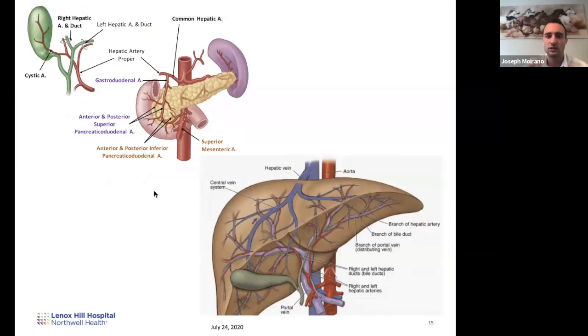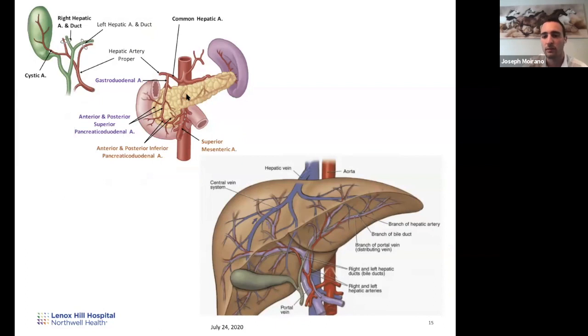Okay, so to continue, we're going to be looking at a couple of different organs of the foregut here. Over here, we're going to be looking at the pancreas and then our proximal duodenum, because those are still parts of the foregut. And the pancreas is going to be receiving most of its blood supply from the pancreatico-duodenal arteries.